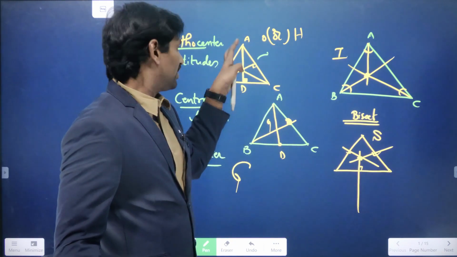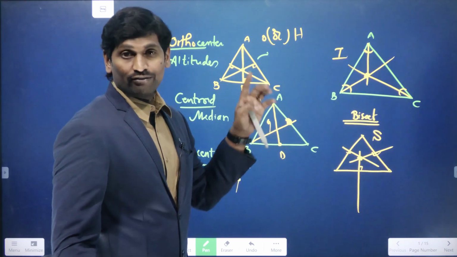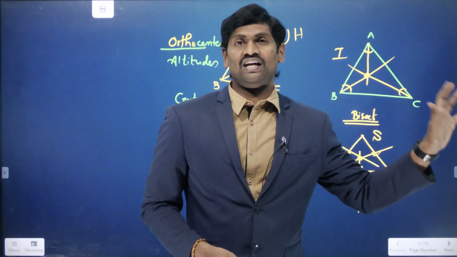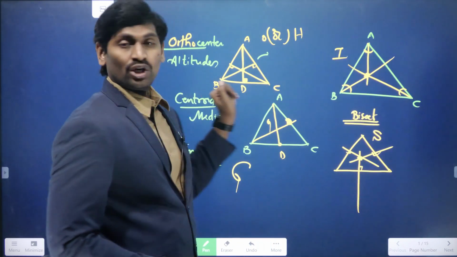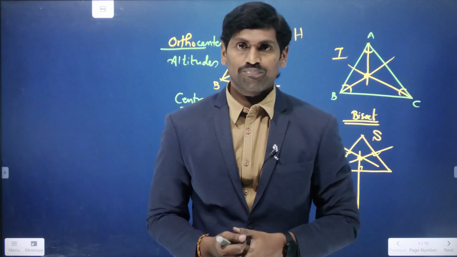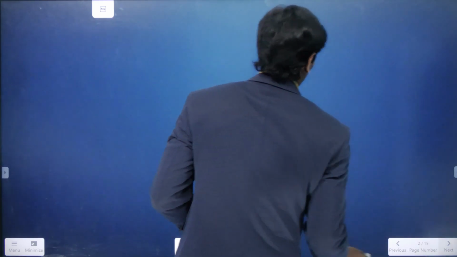We already discussed that the orthocenter, circumcenter, incenter, and centroid all coincide for an equilateral triangle. Right. So let us go to the exercise problem now.